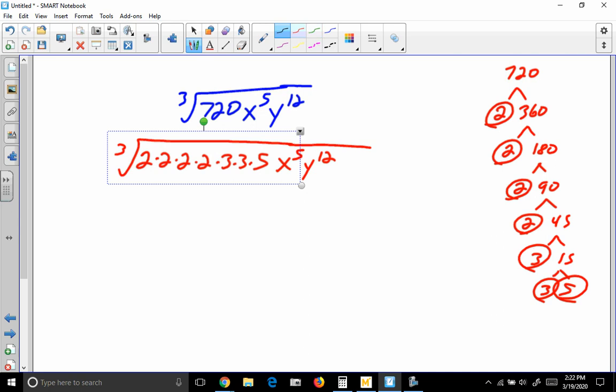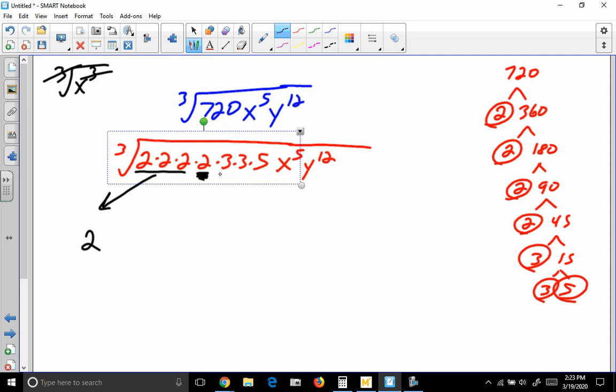So if we look at our coefficients, we're taking a cube root, so we need the same factor 3 times for it to come out. So we have three 2's, so we can get a 2 out. Now this other 2 is not in a group, so it stays under.